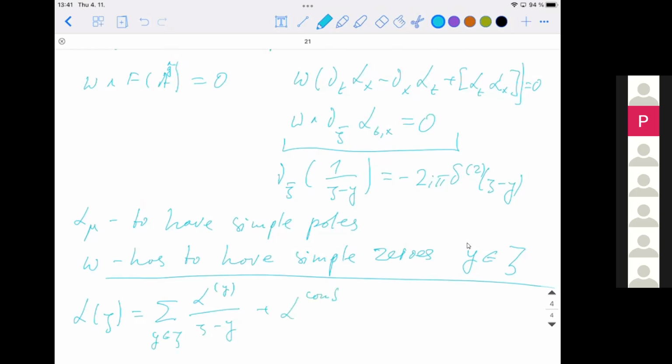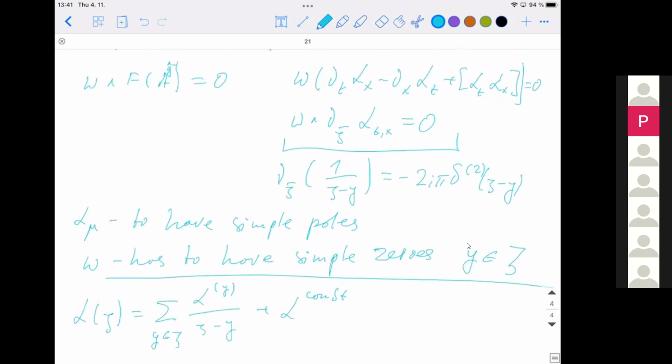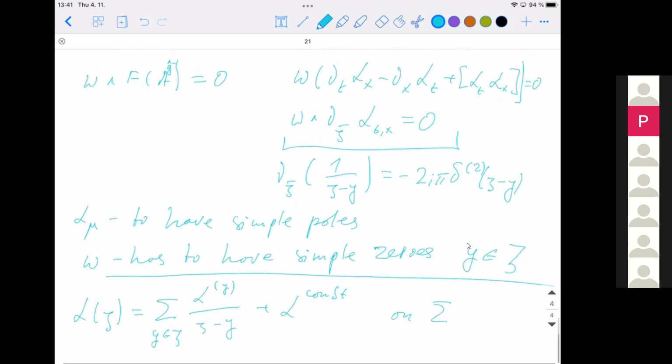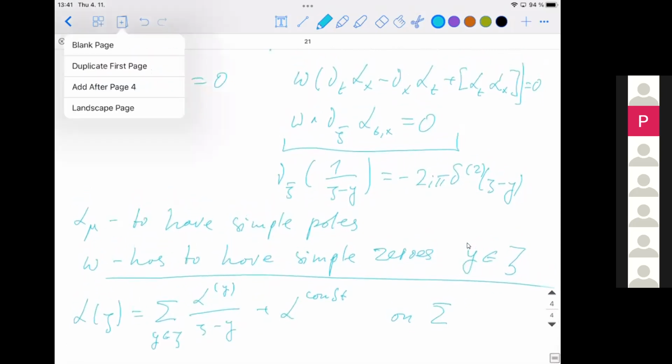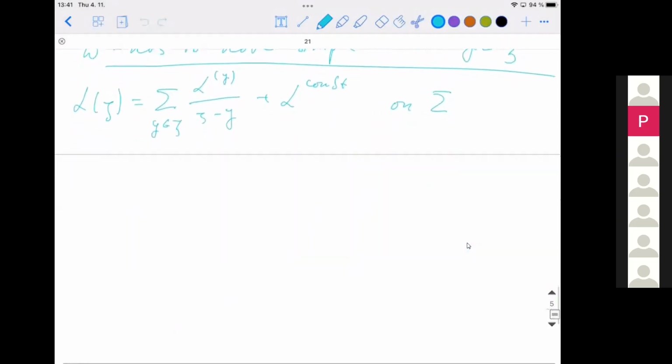The constant part. And these are just one forms on two-dimensional manifold. Okay.